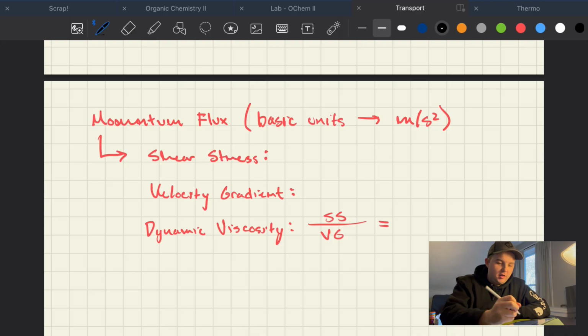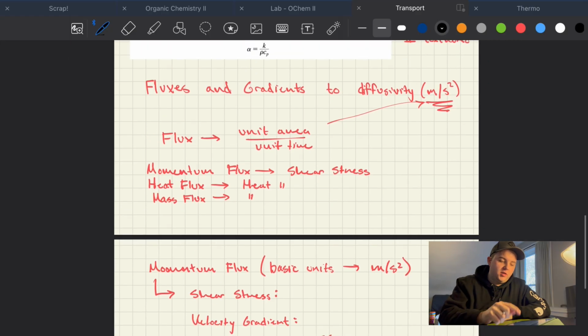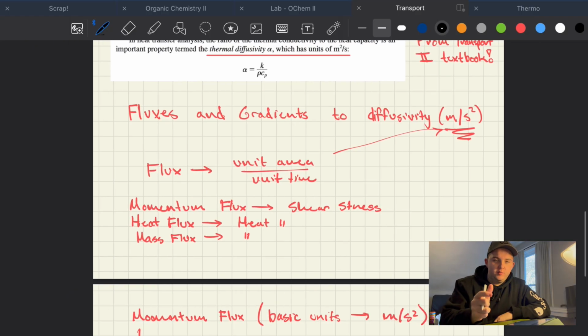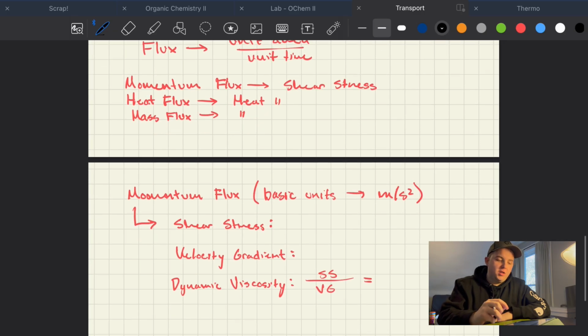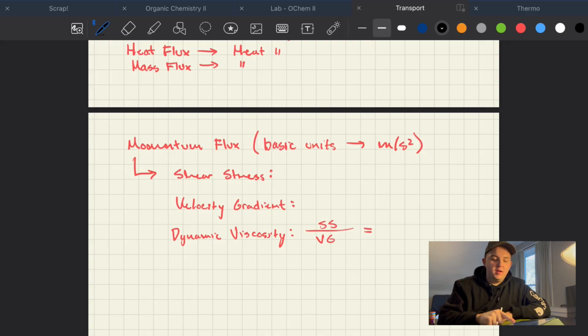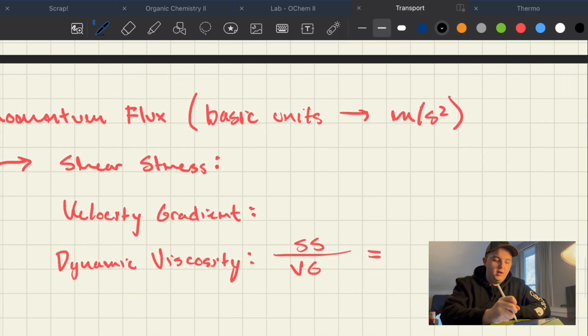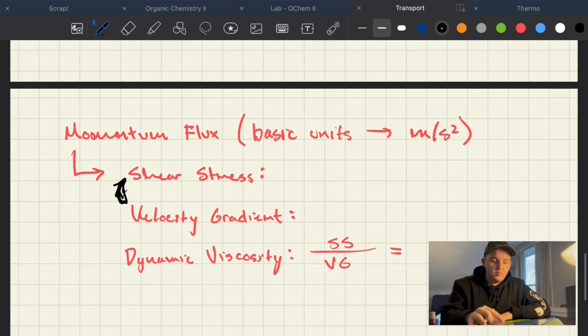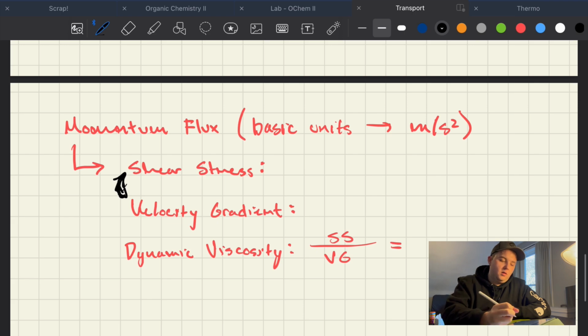So starting with shear stress, as I said up here, that is just momentum flux. What we're going to do is find the momentum flux and the velocity gradient, and then find the dynamic viscosity by using these two as ratios. And that's how we're going to solve all three. Starting with this one, shear stress is in units of newtons per meter squared, which is just a Pascal.